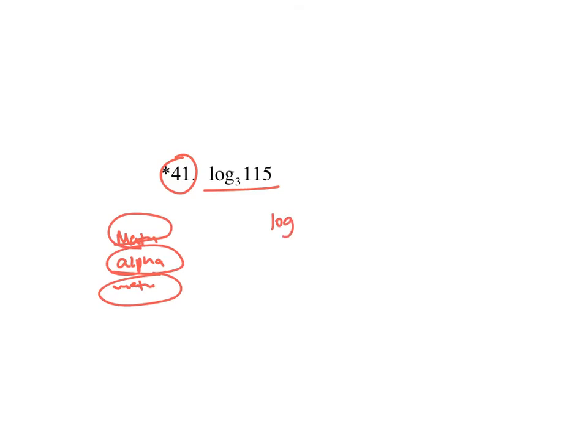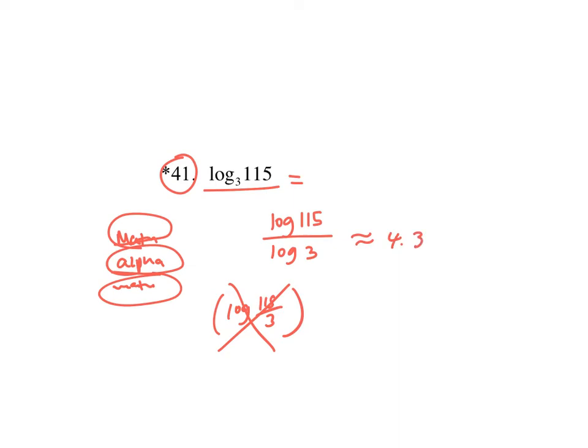So you have to rewrite this as the common log of 115 divided by the common log of 3. So be careful that you're not doing the common log of 115 over 3, because it's not the same thing, right? So the common log of 115 divided by common log of 3, and that would give you the same answer as this guy here, and that's about 4.319.